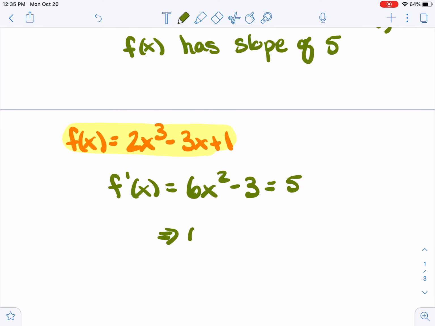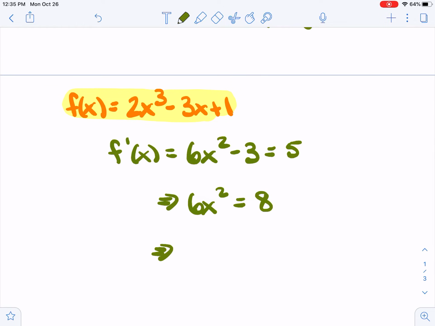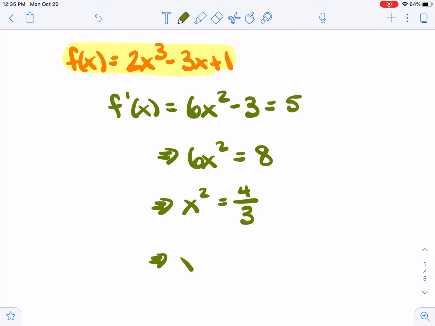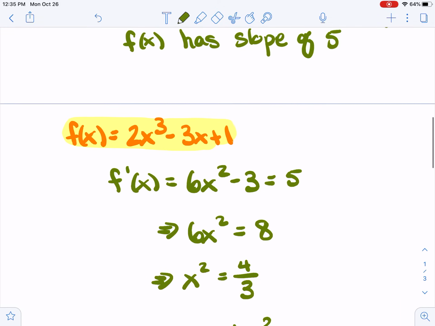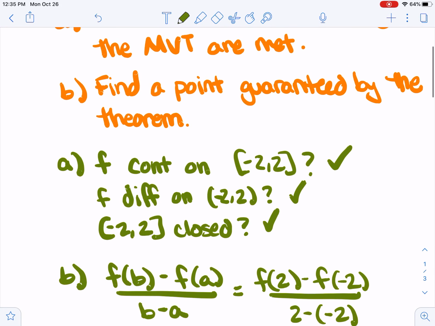So we have 6x squared equals 8, which means x squared equals 8/6 or 4/3, which means this happens at plus or minus 2 over the square root of 3. Both of those points are happening inside this -2 to 2 interval.